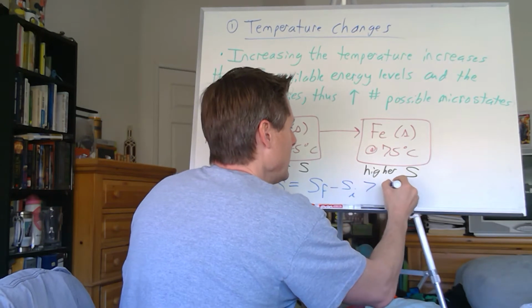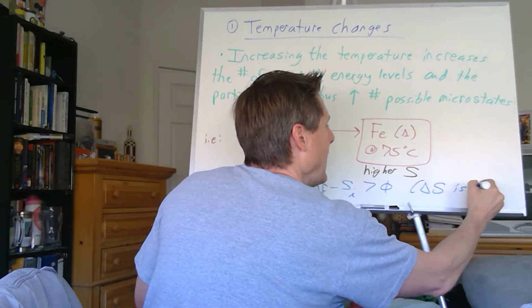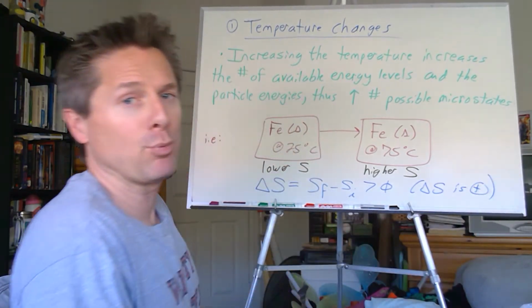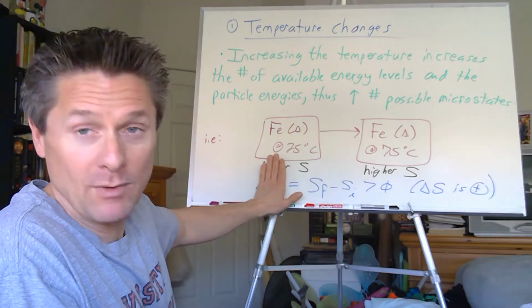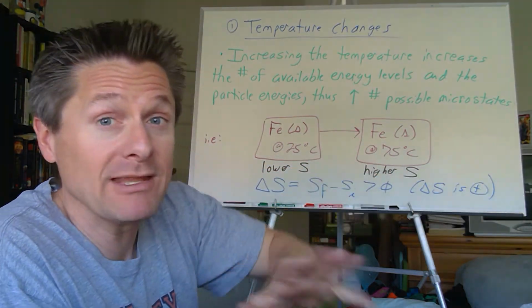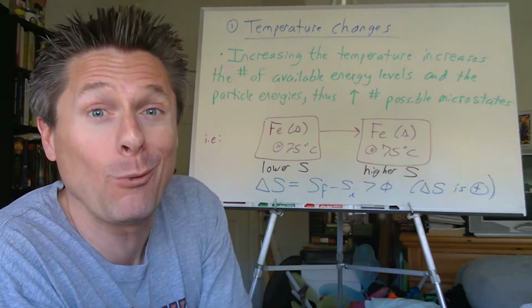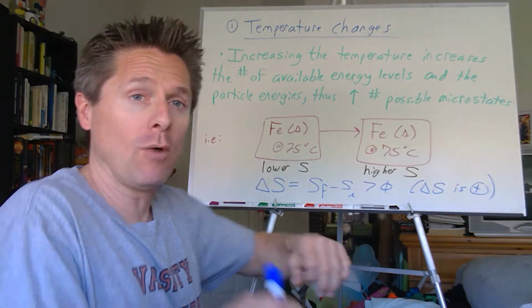So this will be greater than 0. So delta S is positive. So we could predict iron converting from 25 degrees Celsius to 75 degrees Celsius. Now note, we're not phase changing it. We haven't hit the melting point. That would be a whole different ballgame right there. But if we haven't caused a phase change, all we're doing is increasing the temperature.